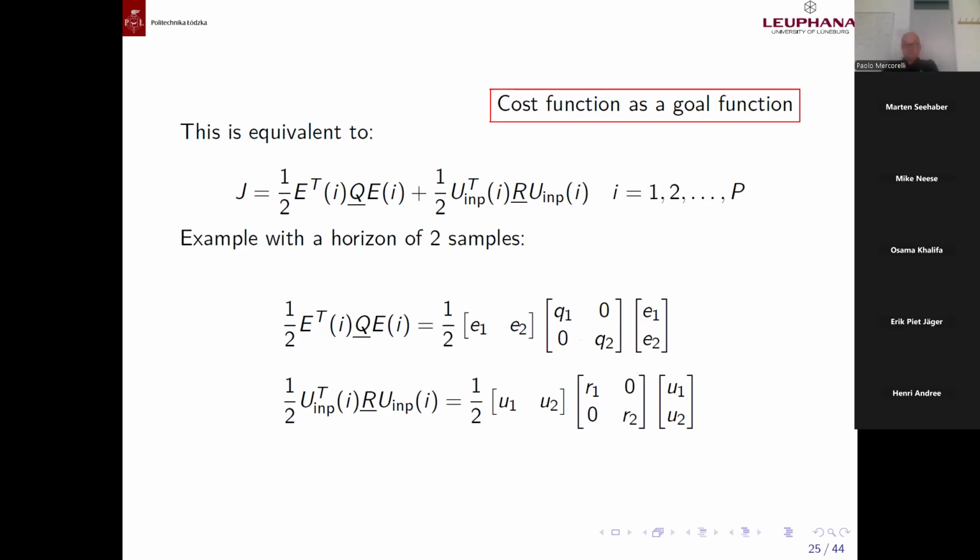It's the error related to tomorrow. Here is the error related to after tomorrow. Of course, typically the error related to tomorrow must be more important than the error considered after tomorrow.